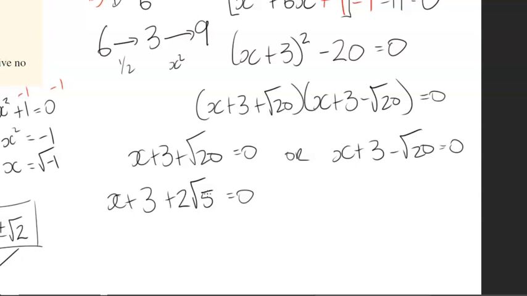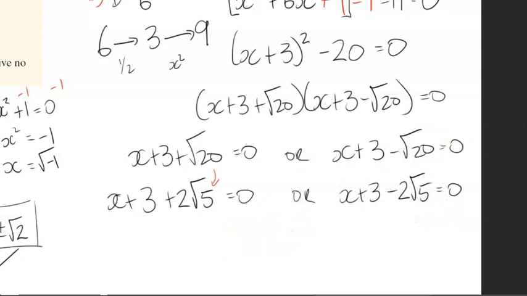By now you should be able to write this step from here to here with small numbers anyway, without having to show all the different working out. The square root of 20 is equal to the square root of 4 times the square root of 5, etc. You can just go straight from here to here. And conversely, this one here, x plus 3 minus 2 square root of 5 is equal to 0.